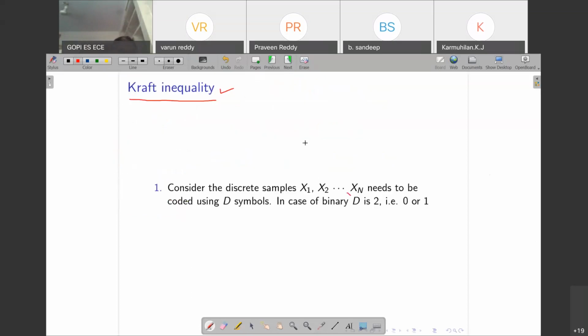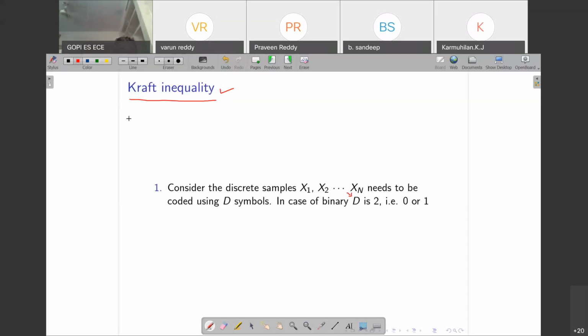Here in this case, you have x1, x2, up to xn. These samples are available, and each sample is represented using D distinct symbols. In the previous example, the value of D is 2.